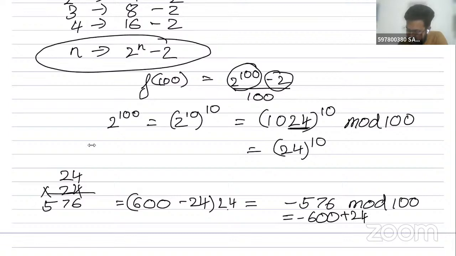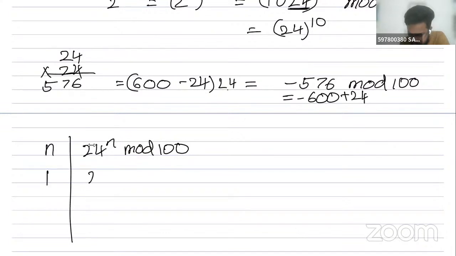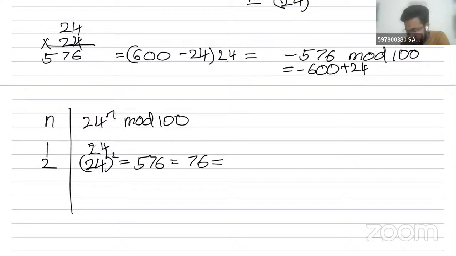So in essence, 24 to the power n mod 100 has this neat property: when 24 to the power 1, we get 24. When we raise 24 to the power 2, we get 576, which is equal to 76, which is equal to minus 24 mod 100.